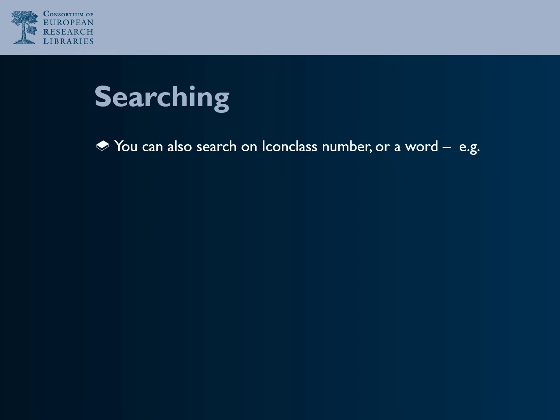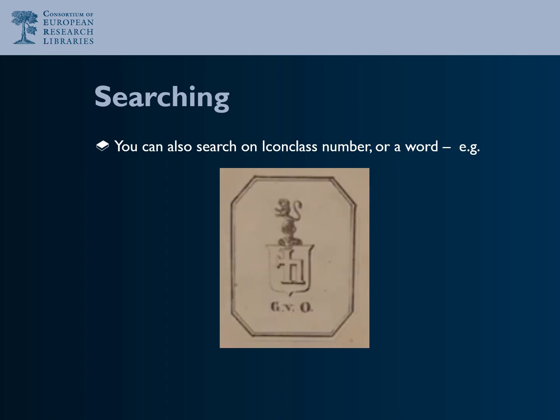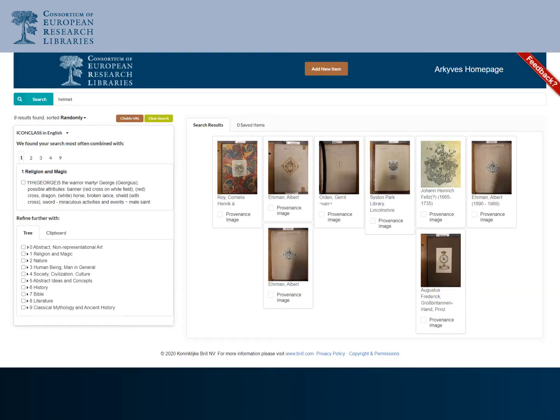You can also search on an Iconclass number or on a word. For example, you have a bookplate with the initials GVO, and you don't really know who that refers to, but you do notice that there is on this Ex Libris a helmet. So if you enter the word helmet into the PDA, you will be given 8 books that have an Ex Libris or a bookplate with a helmet on.